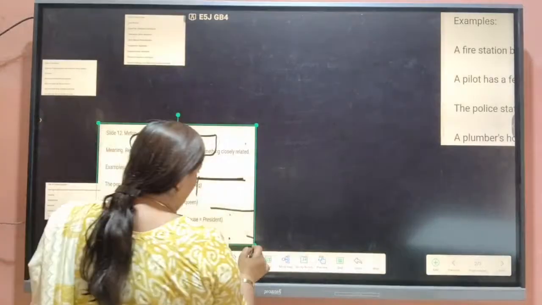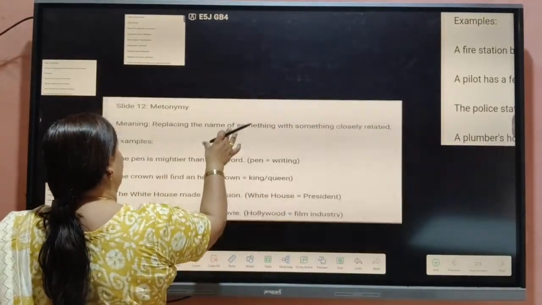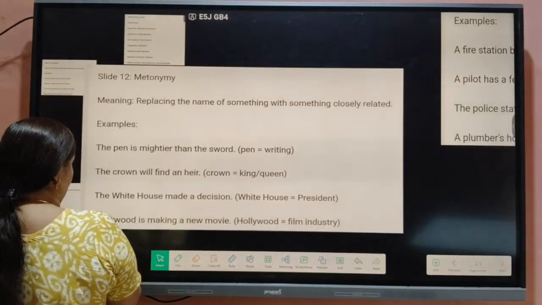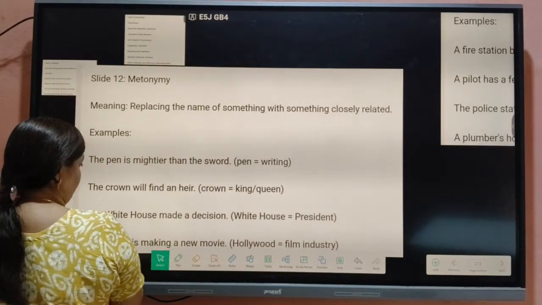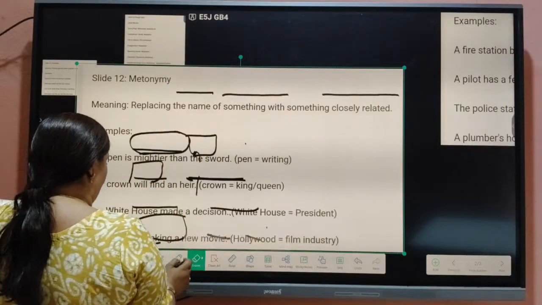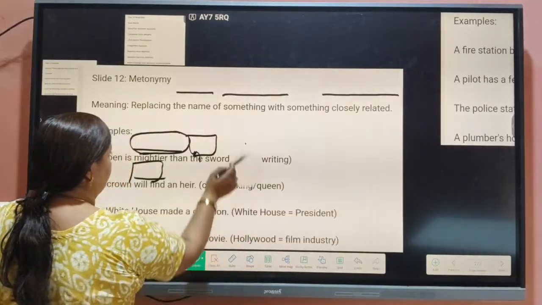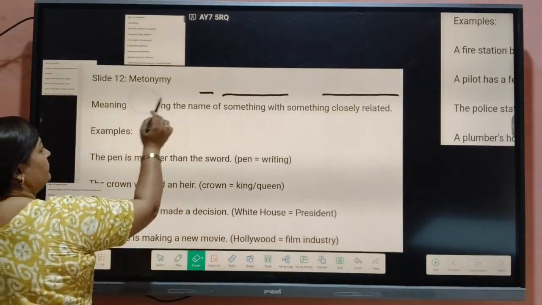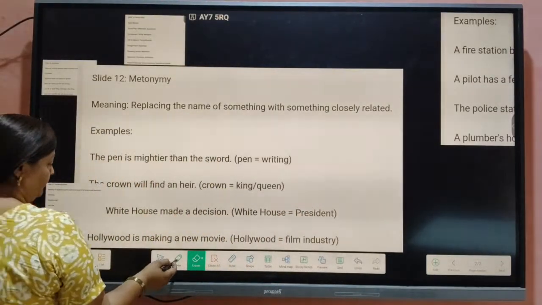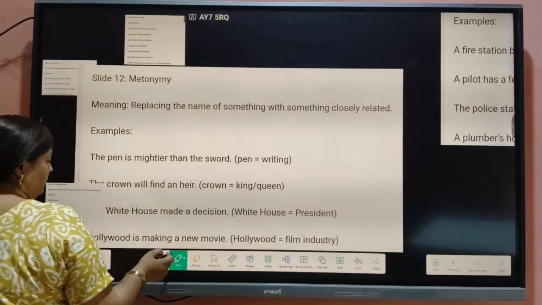Now we will learn about metonymy. What will be there in metonymy?